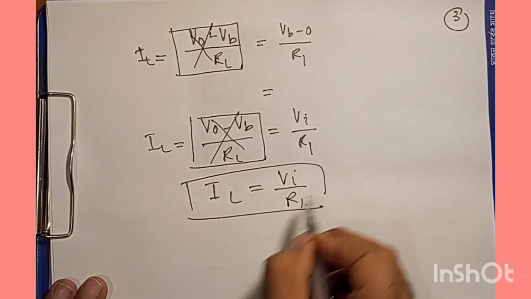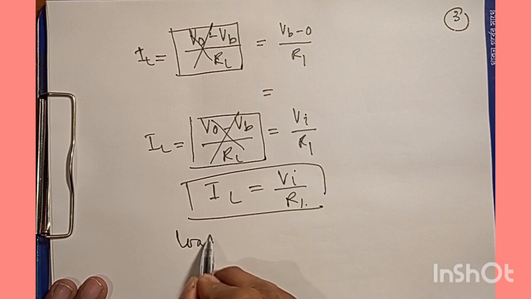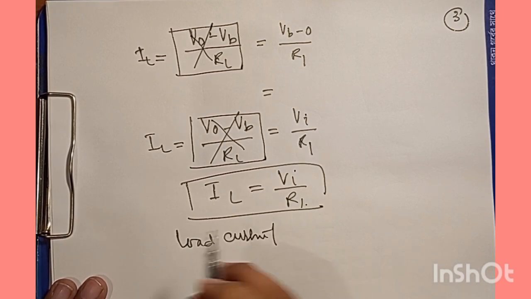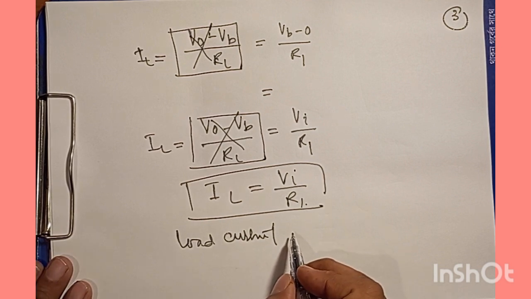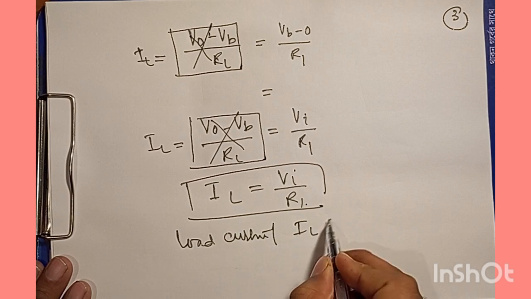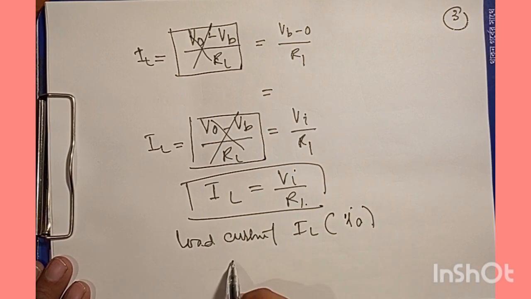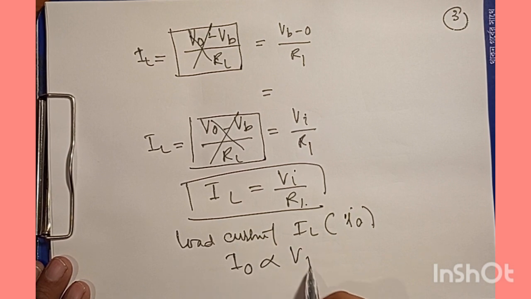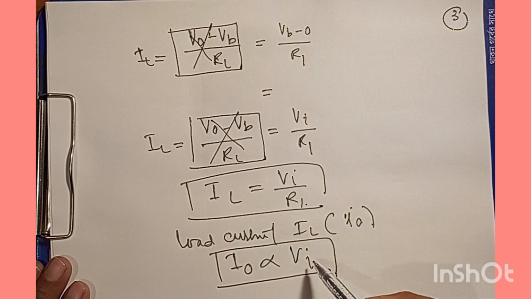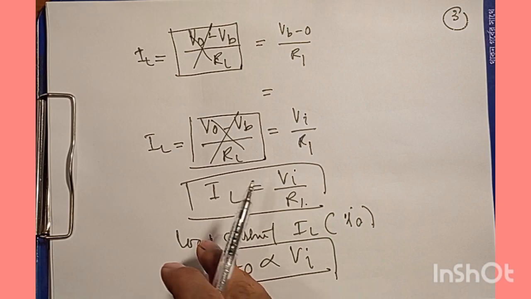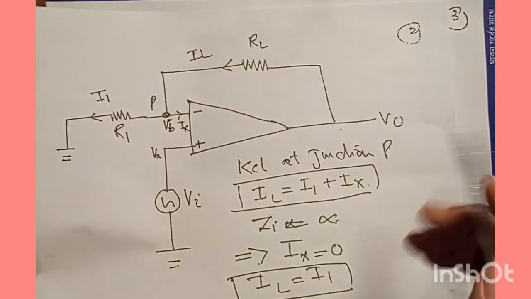We can see that the load current IL is your output current, and this output current is proportional to input voltage. So we can directly convert the input voltage into the output current by making use of the circuit that I have shown you here, right?